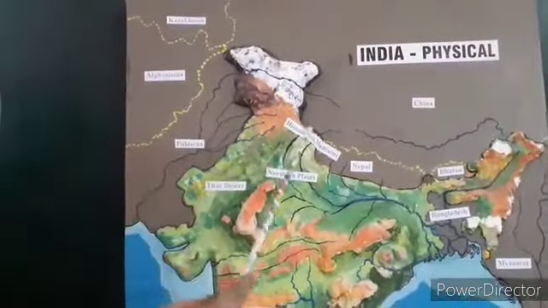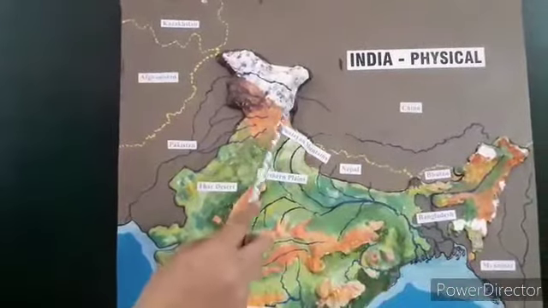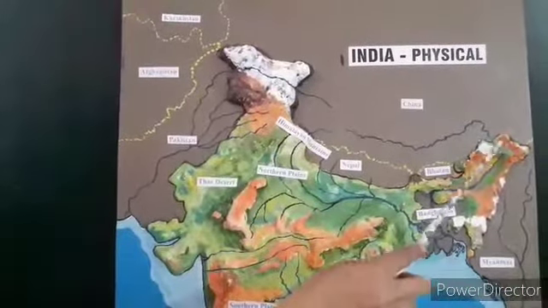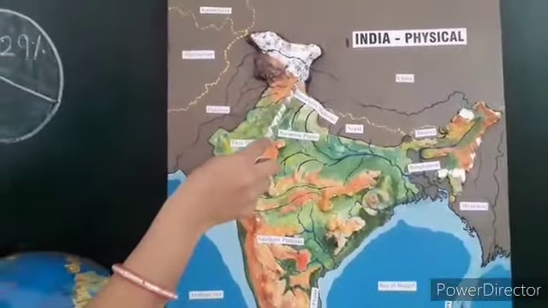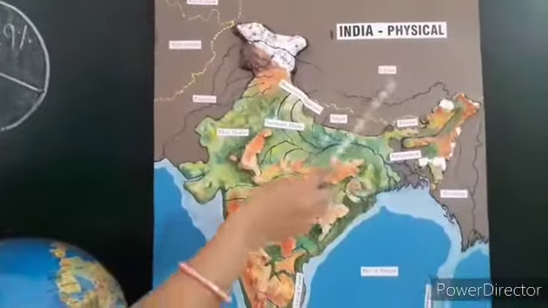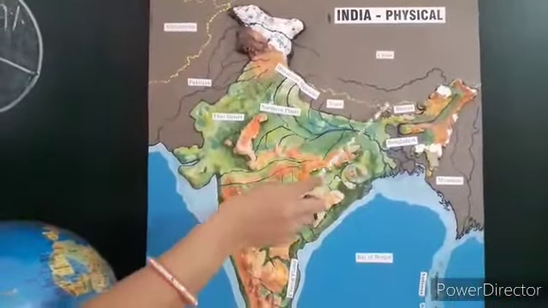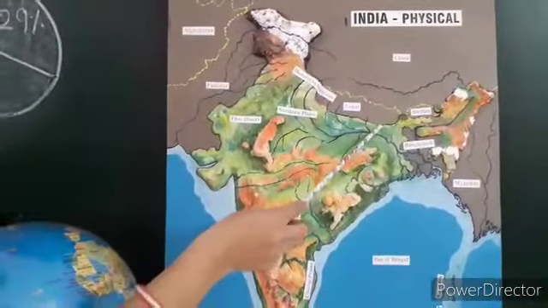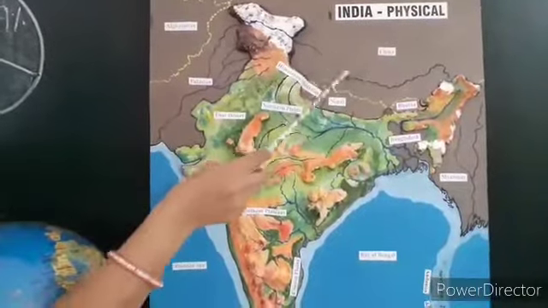The Himalayas in India are located in the northeast part of India, and they are located southeast of Tibet. The Himalayas prevent the moisture-bearing clouds from crossing over to Tibet.